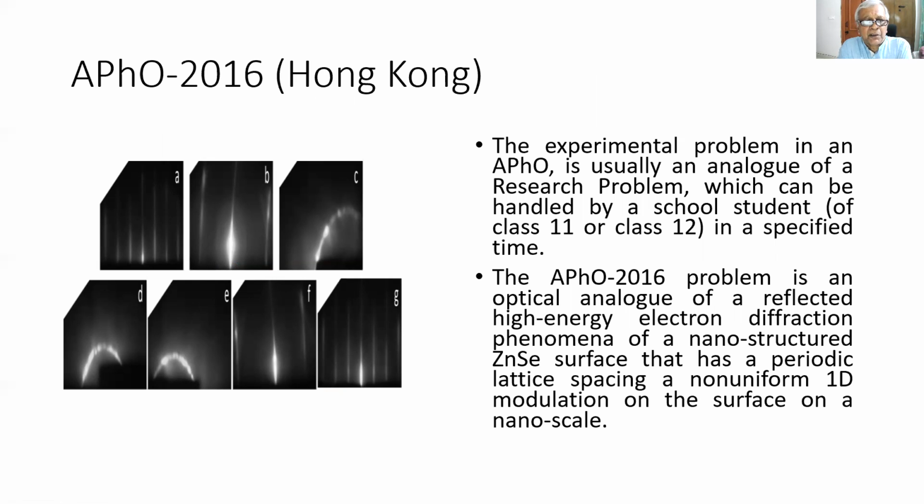Every experimental problem in APHO is usually an analog of a research problem, which can be handled by a school student of class 11 or class 12. The APHO 2016 experiment is an optical analog of a reflected high-energy electron diffraction phenomenon of a nanostructured ZnSe surface that has a periodic lattice spacing and a non-uniform 1D modulation on the surface on a nanoscale.